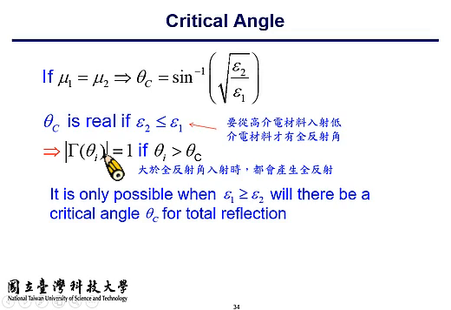What is the hidden message of this equation? Why did I put the absolute sign on the reflection coefficient? That means if your incident angle is greater than the critical angle, the phase of the reflection coefficient shall change. The magnitude stays at 1 for all incident angles greater than theta c, but the phase of the reflection coefficient changes for different incident angles.